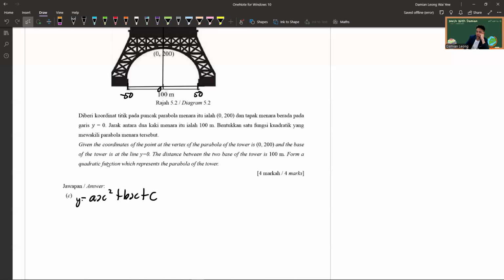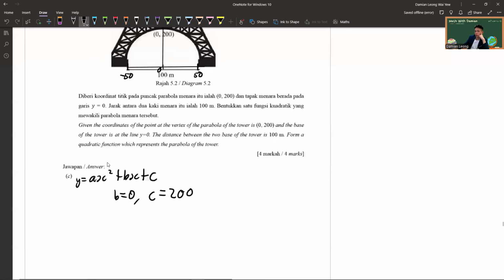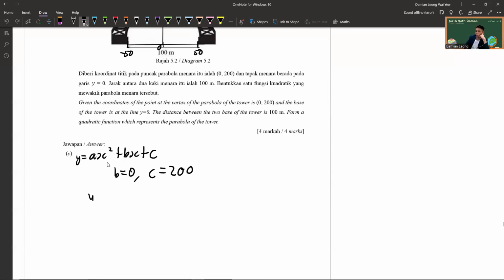Okay, y equals ax squared plus bx plus c. Now, if the axis of symmetry of the curve is at x equals 0, means b is 0. C represents the y-intercept, so it's 200. So y equals ax squared, no b, plus 200.